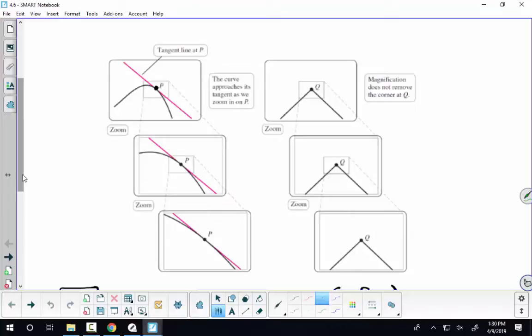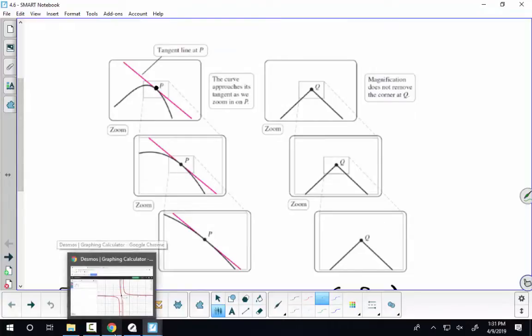Think about chapter 3 and what we spent a lot of time doing in chapter 3. Tangent line? Yeah, it's the tangent line. So the tangent line from chapter 3 is just rebranded here as the linear approximation. So when you see the linear approximation, it's no more than finding the equation of the tangent line.